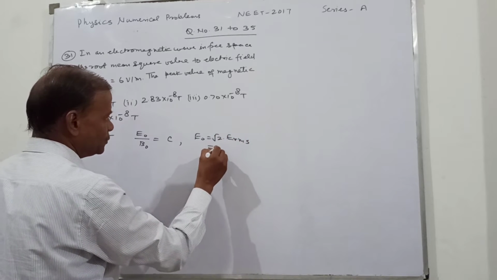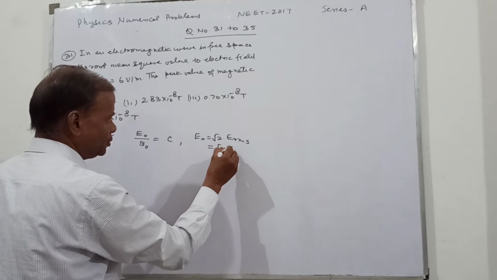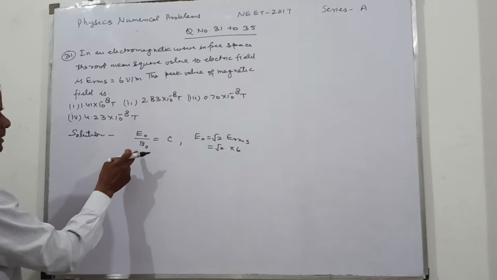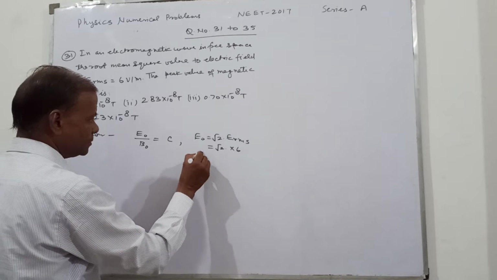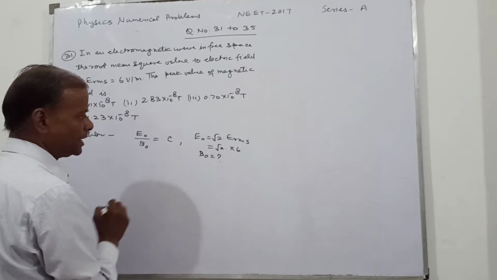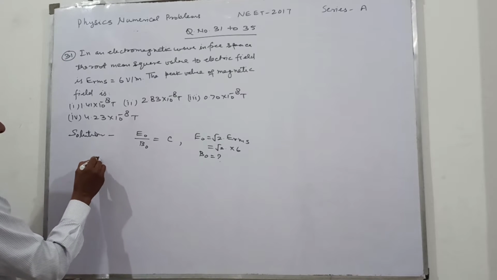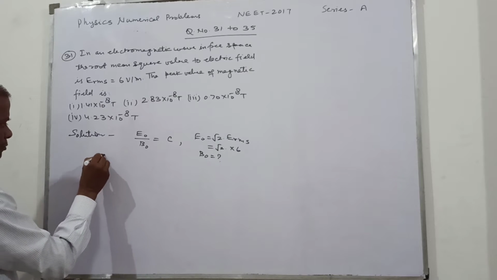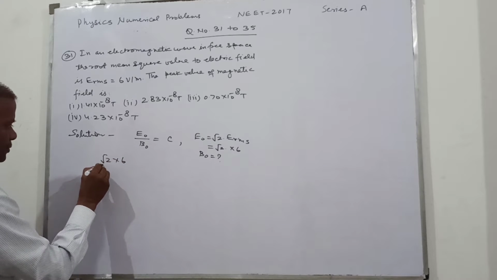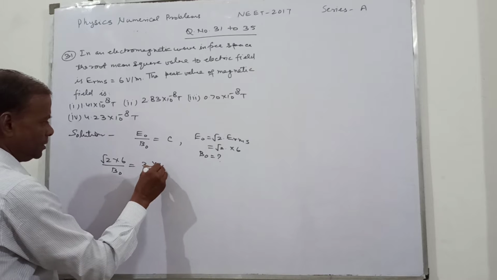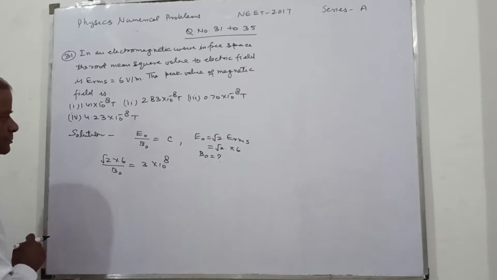So this is now your root 2 into 6. This is given to us. Then we have to find this B naught. B naught is to be calculated. So now put the value. This is now your root 2 into 6 upon B naught equal to 3 into 10 raised to the power 8.